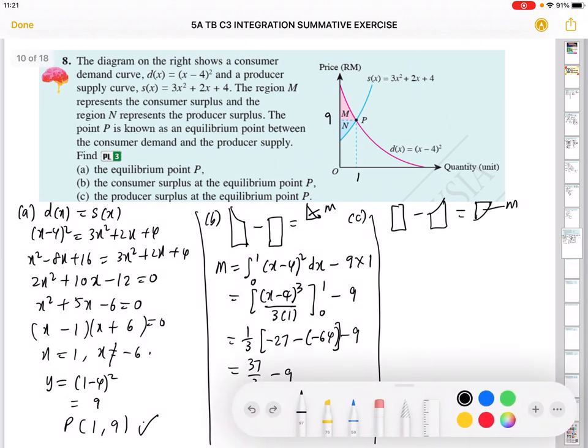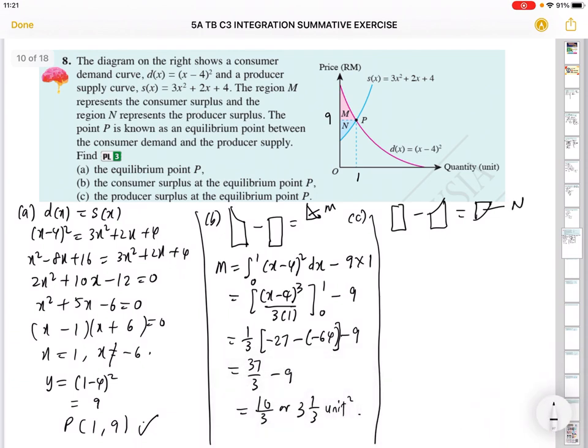So this area we know is 9, 1 times 9 earlier, right? But the curve is below now. The curve has the function 3x squared plus 2x plus 4 dx, with lower limit 0 and upper limit 1.